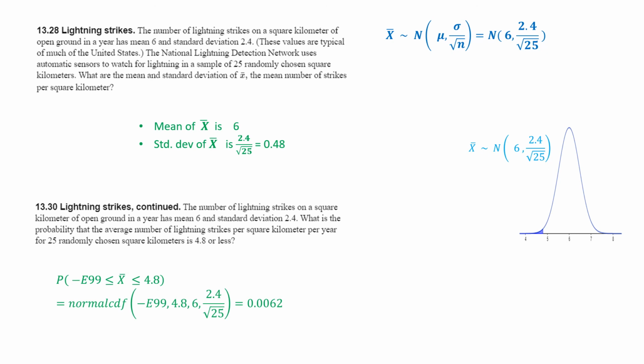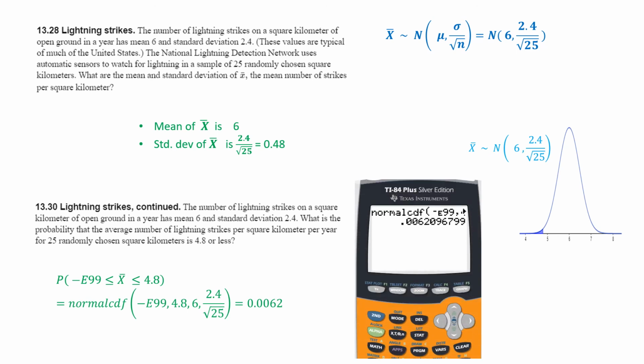The lower bound is negative infinity and the upper bound is 4.8, so normal CDF of negative E99, 4.8, 6, 2.4 by square root of 25, which is 0.0062. You can also use your graphing calculator. Enter those values and see what it is.